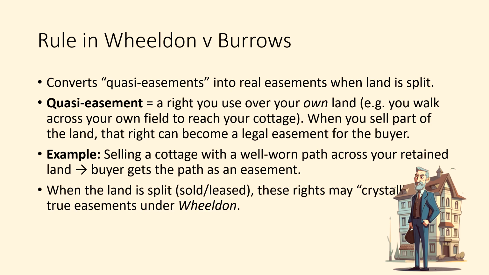Okay, so you might think of it as there is like a certain right hovering over the land or floating, and this then crystallizes at the point in time when the land is being split, so either sold or leased or something like that.